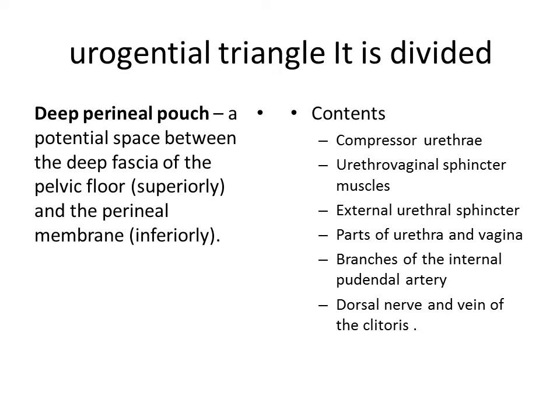The contents: compressor urethrae, urethrovaginal sphincter muscles, external urethral sphincter, parts of the urethra and vagina, branches of the internal pudendal artery and dorsal nerve, and the vein of the clitoris.